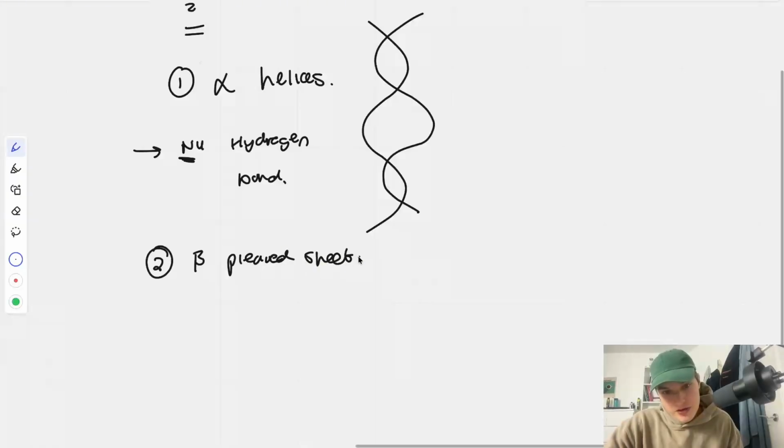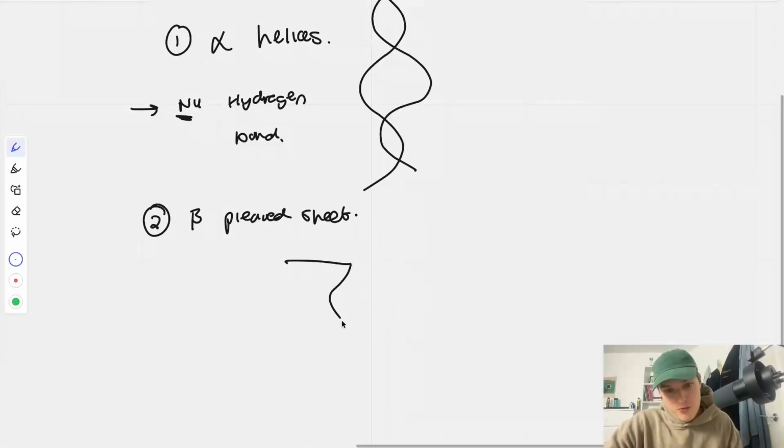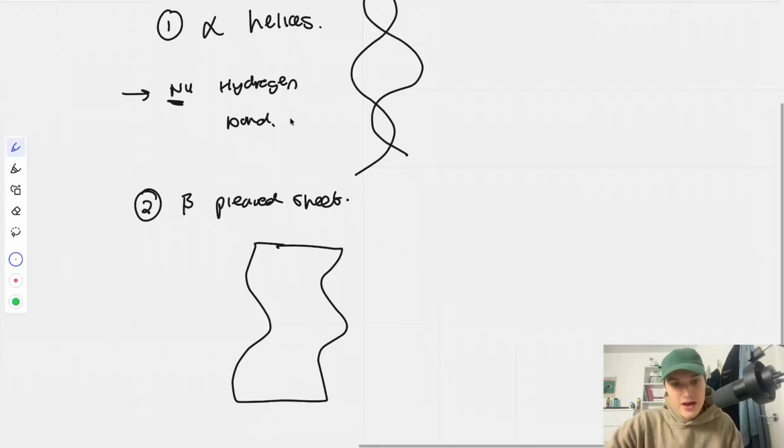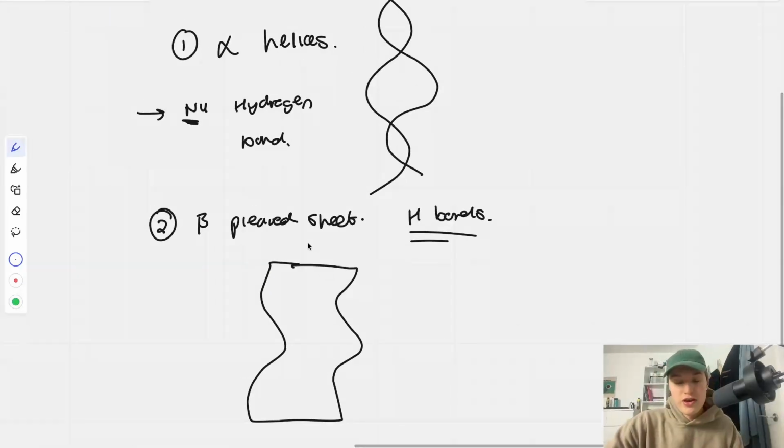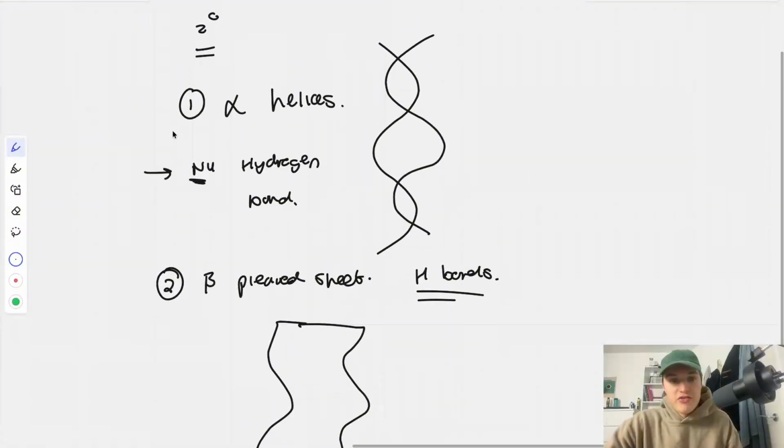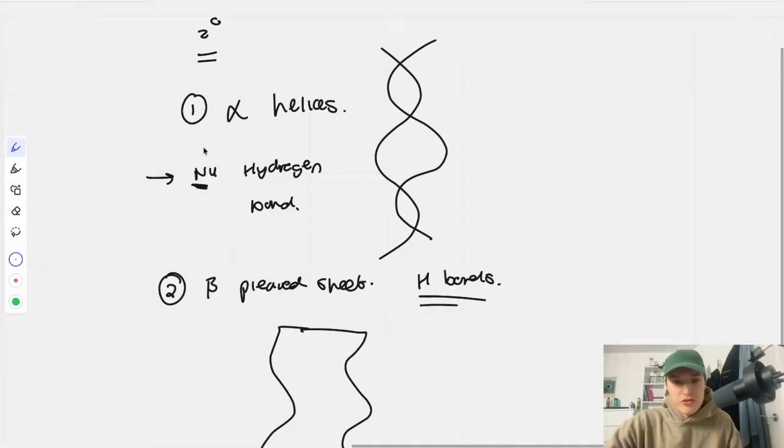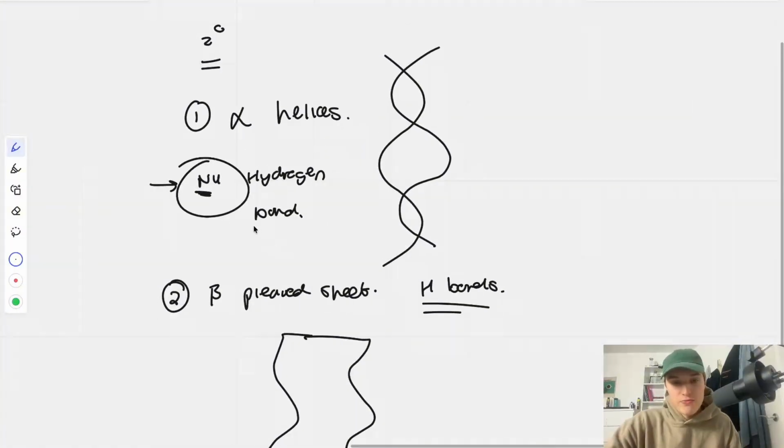So these are helices, and the next one is going to be like wavy sheets like this. So these are still 2D per se, and once again, you're still going to have hydrogen bonds forming, okay? And this is all going to give rise to our tertiary and quaternary structures. Secondary structure is quite simple. It's just the formation of hydrogen bonds in the NH groups, okay?